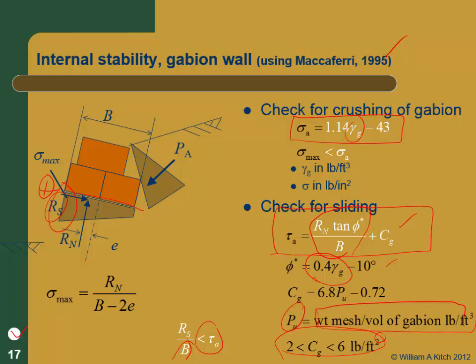So again, very much like the T-walls, we have a sliding friction term, and then we have this shear key term that's not a function of the normal stress. In the T-wall system, it's that little block that you put in the back of it. In the gabions, it's actually the gabion material itself. And that's it for the gabion design.